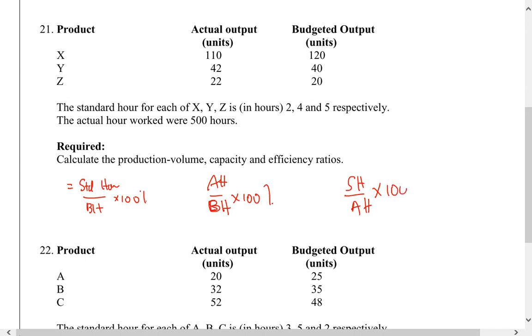Okay. We have multiple product. This is actual, this is budget output. Standard hour is 245. So over here, standard hour must be at actual production or budgeted production.